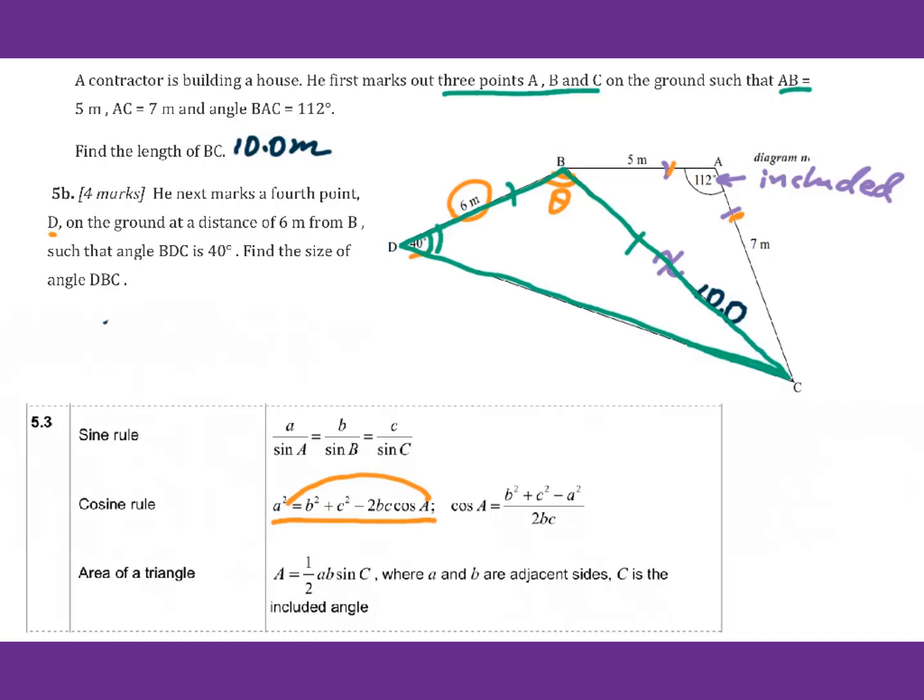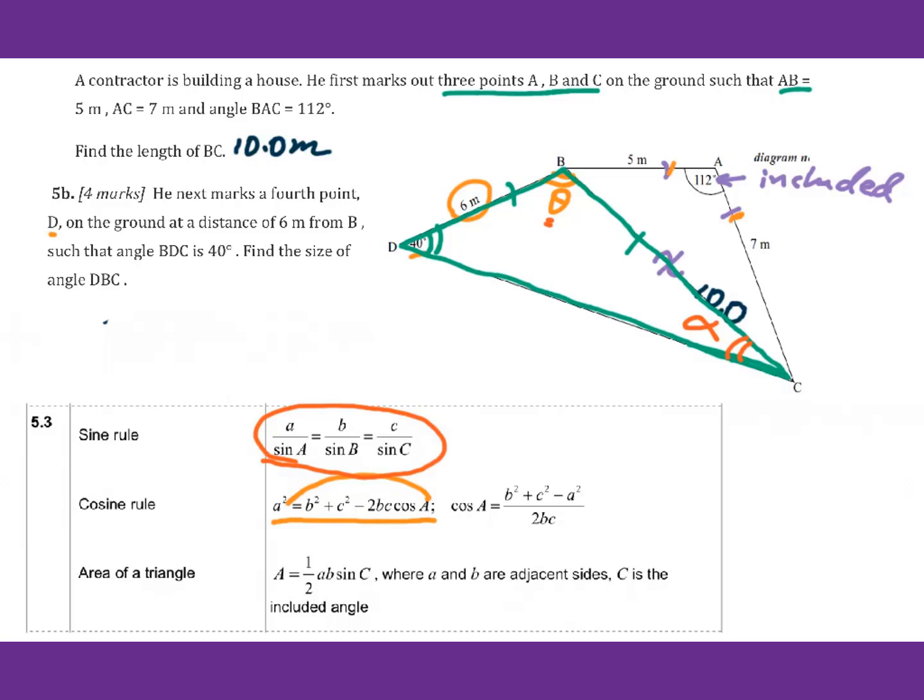This angle is not an included angle, so you have to use sine law. Since we didn't know this angle, we cannot get this theta directly. We label here alpha.